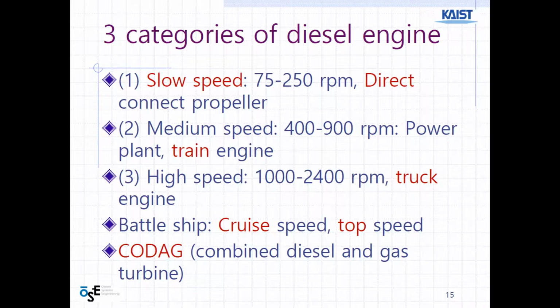So when cruising, the diesel engine is used, but in a battle situation, the battleship needs top speed. So to gain the top speed, a combined engine is used, diesel and gas turbine, to get more power.